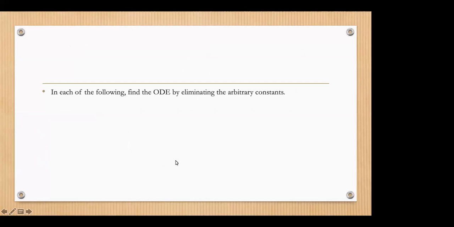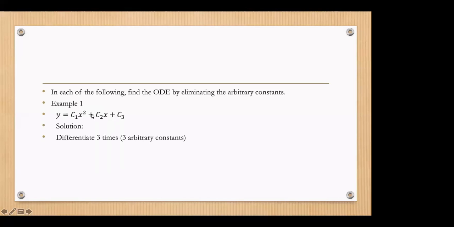Okay, just like this example, ito na I-discuss ko na last time ito. So we have this given solution wherein you can see three arbitrary constants here, C sub 1, C sub 2, and C sub 3. So, ibig sabihin, if you are to obtain its differential equation, you need to differentiate this equation 3 times.